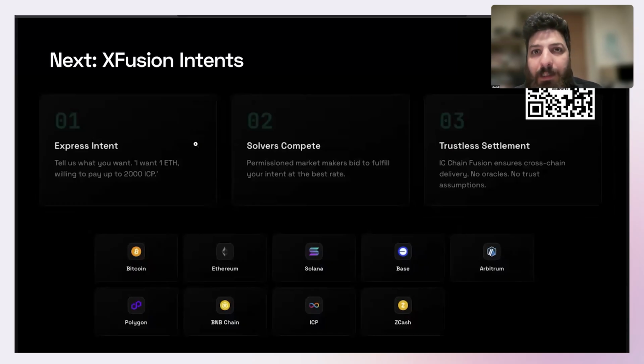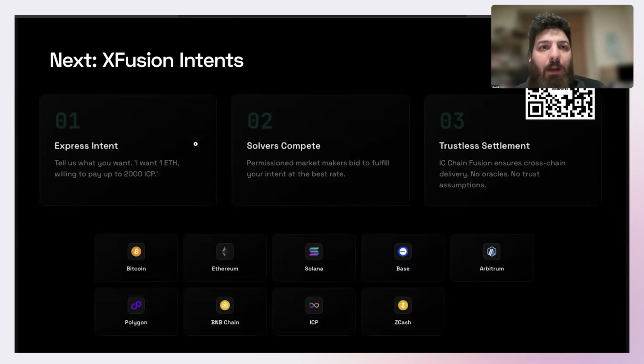We call it xFusion Intents at the moment, where we would directly compete with NEAR Intents, because in our case we are using chain key cryptography, and we are more native to the blockchain that we are hosting it on than NEAR Intents, which is technically quite centralized in nature.